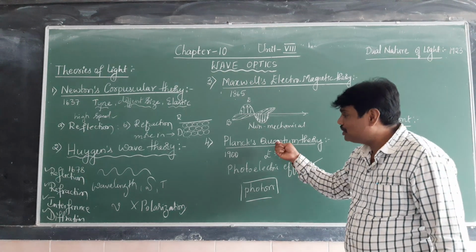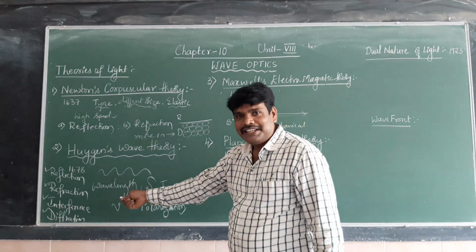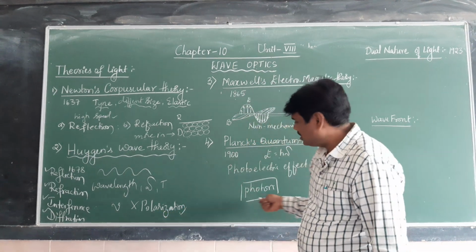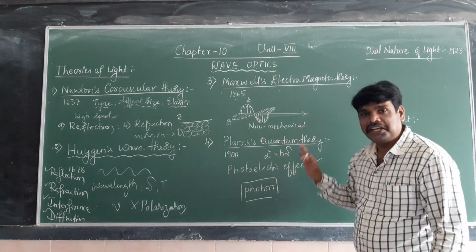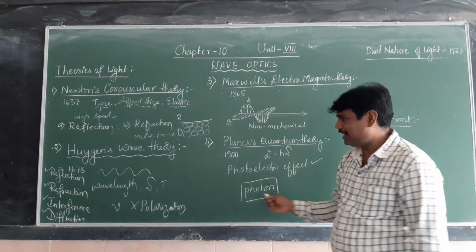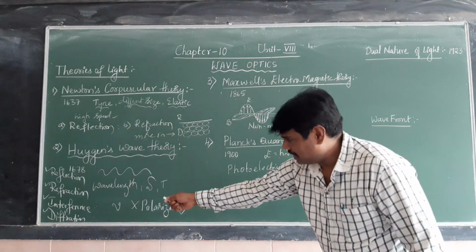But this theory could not explain interference, diffraction, polarization. See here, the famous theory can successfully explain the photoelectric effect, but it could not explain the interference phenomena, diffraction phenomena.